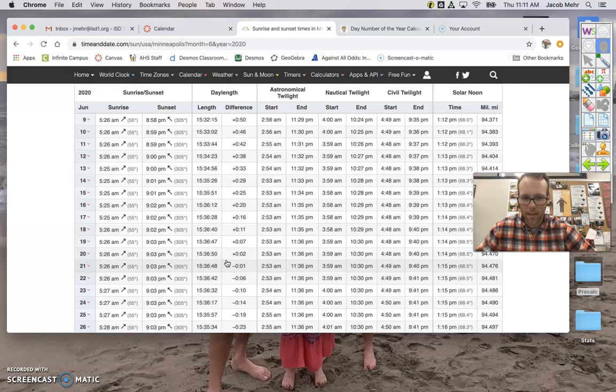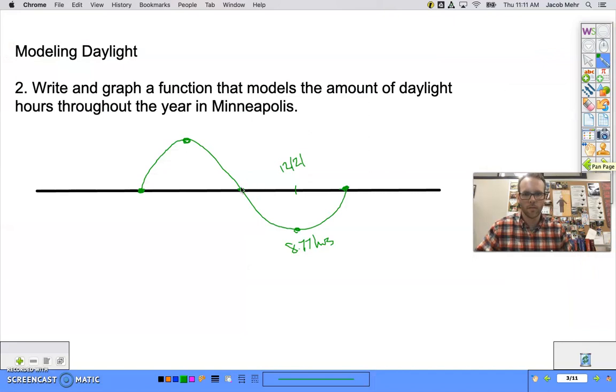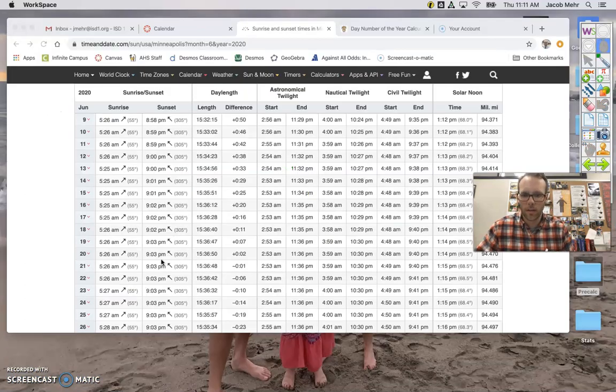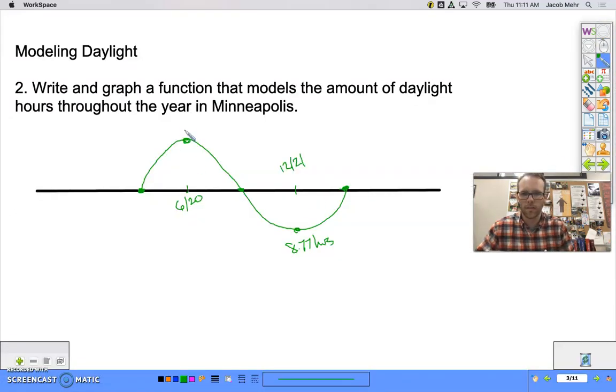So we get the most daylight here on June 20th. And how much daylight do we get there? 15 hours, 36 minutes, let's say 37 minutes, because that's going to round. So that's going to be 15.62 hours of daylight.